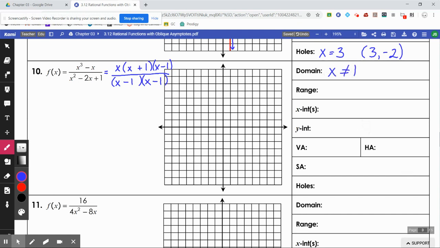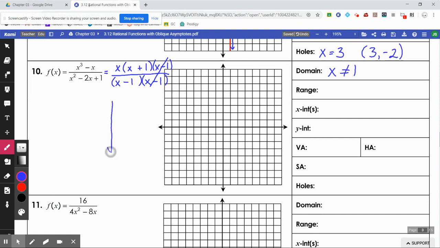Now the question is, what kind of discontinuity do you have there? This is kind of an odd situation because you can remove that discontinuity and think, well, I've got a hole there. However, you still have that x minus 1 left on bottom after you remove it. So that's going to force you to have a vertical asymptote. Now, could you have a vertical asymptote and a hole at the same place?